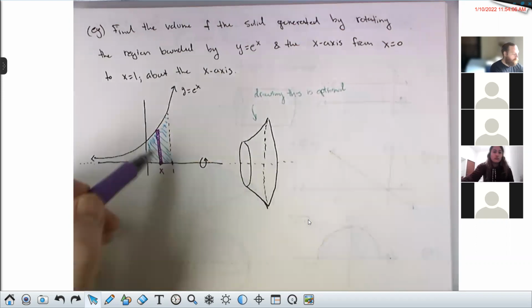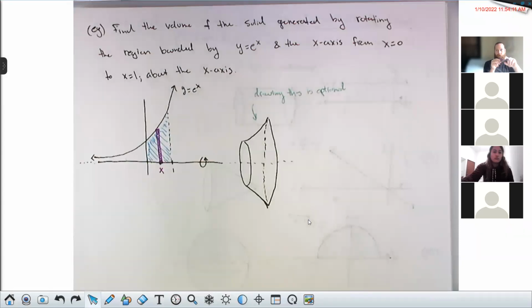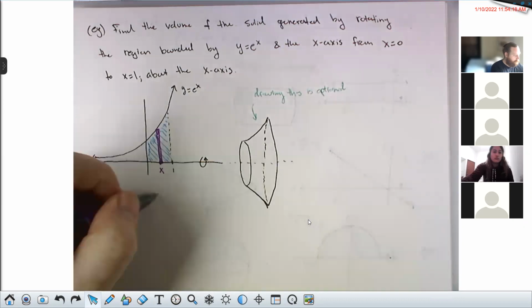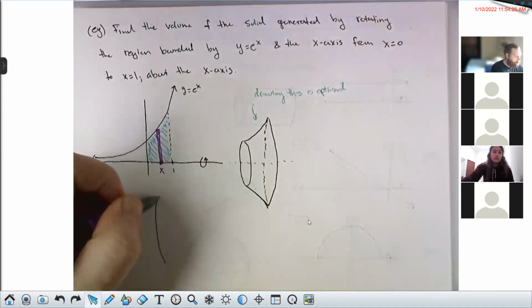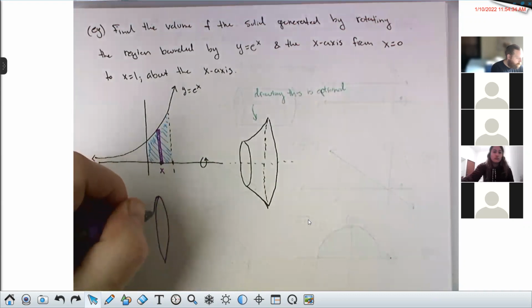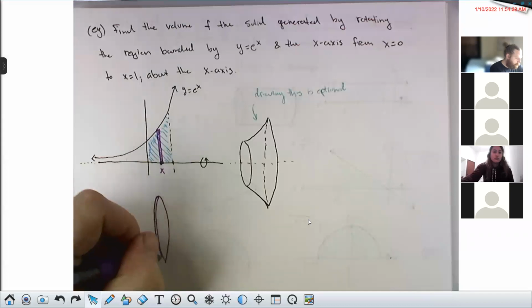Now imagine rotating just the strip. If I take something like this and I rotate it, that will create a disk. So if I were to rotate just the strip, not the whole region, just the strip, that will create a little, very thin disk, hence the name disk washer method.